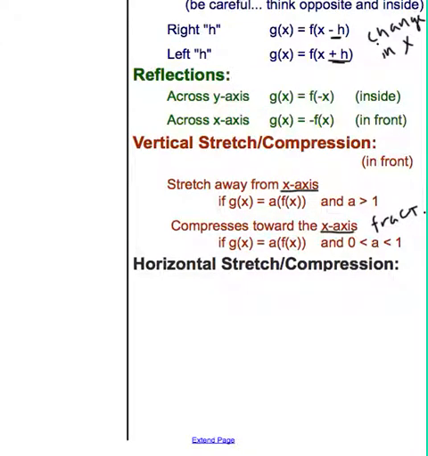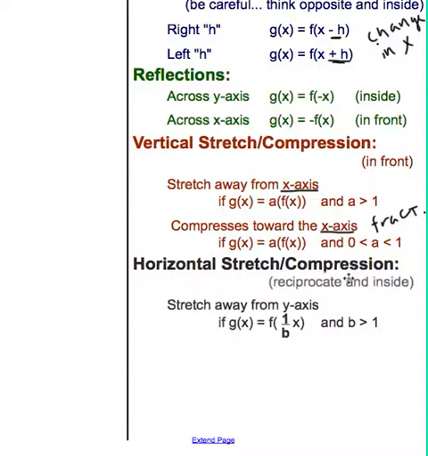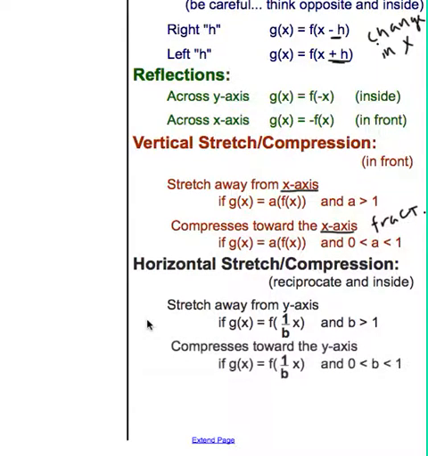Now, horizontal, on the other hand, this is where you're going to reciprocate and see it inside. And so if we're stretching away from the y-axis, you're going to see g of x equals f of 1 over b times x, where b is greater than 1. So you'll see, say, f of 1/2 x or 1/3 x. Where if we want to compress toward the y-axis and make it taller and skinnier again, it's going to be f of 1 over b times x, where b is between 0 and 1, or that fractional value.